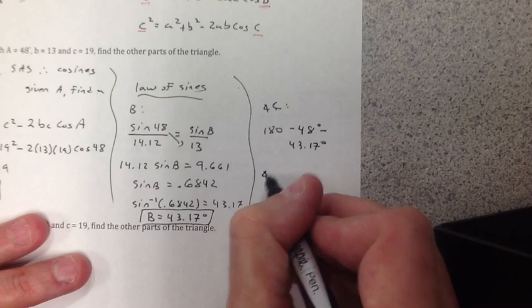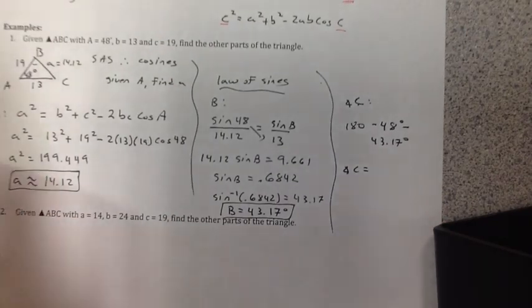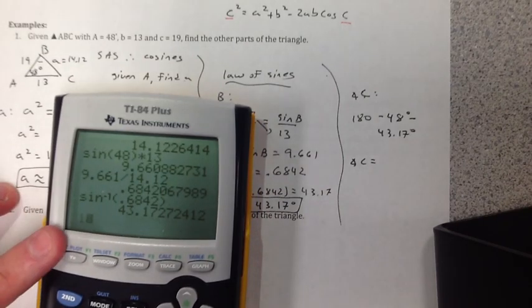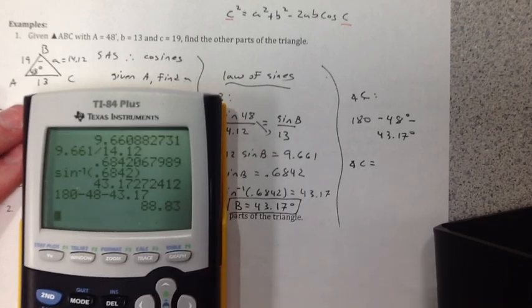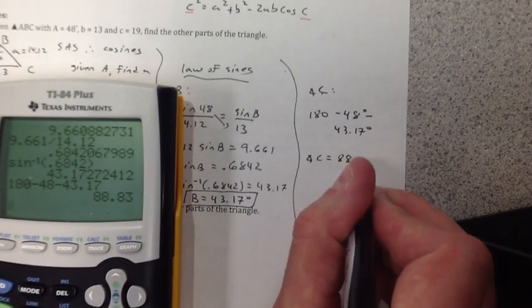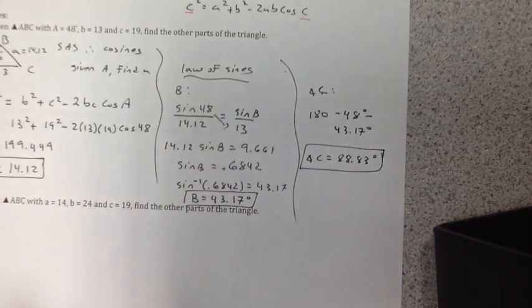And we just type that in our calculator. If you type all that in your calculator, we're going to take 180 minus 48 minus 43.17, and we get 88.83 degrees. And we are finished. All right.